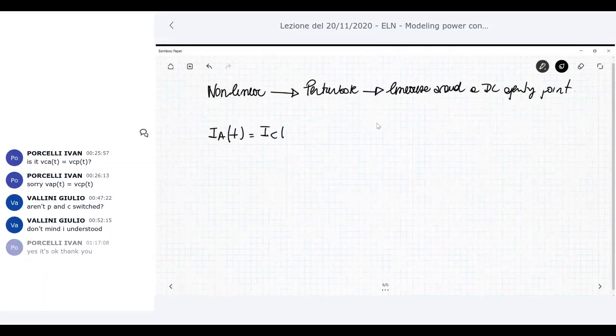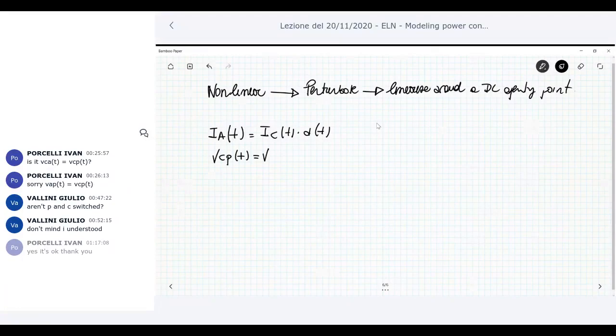IA is IC multiplying the duty cycle. This comes out because we are lacking power electronics, as I said before. And this is VAP as a function of t multiplied by d(t).